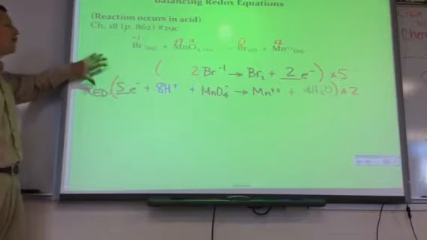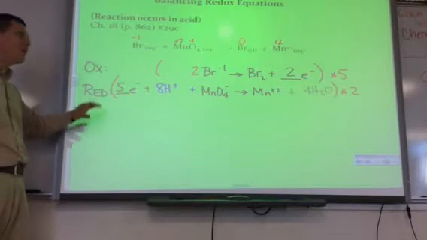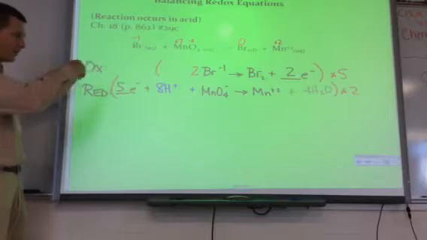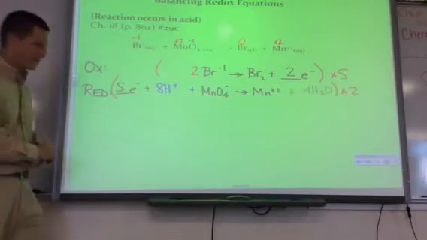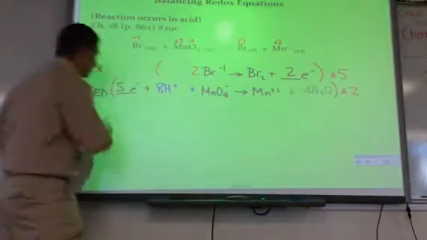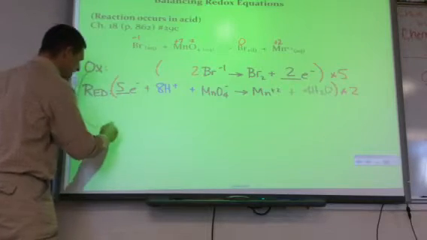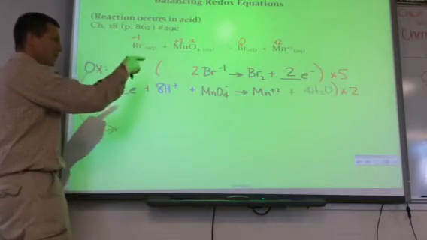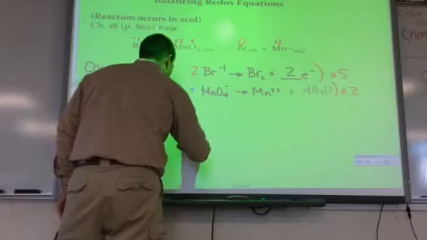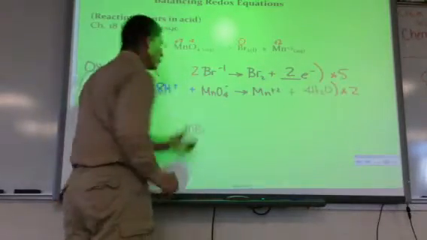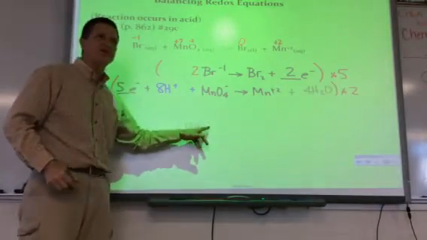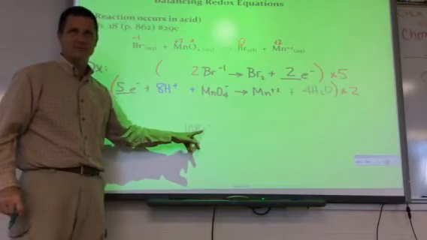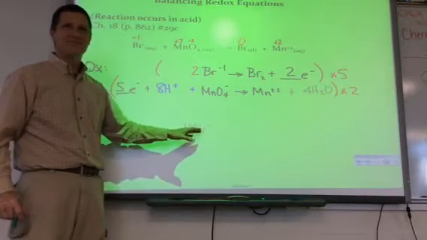So I'm going to rewrite these 2 half reactions now, balanced, with their multiplier underneath. In a different color, here it comes. The oxidation half is going to look like this. Distributing that 5 to everything is going to be 10 bromides. And when you're rewriting these things, keep the charges. Don't just put 10 Br. You'll be sorry.